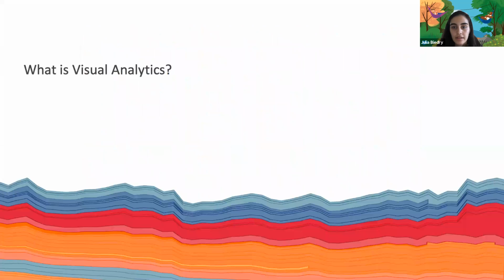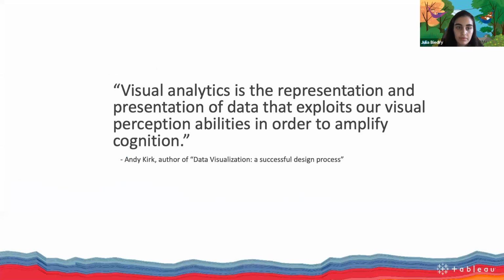So what is visual analytics then? And how do we tie visual analytics with data? Visual analytics is the representation and presentation of our data that uses our visual perception and our human nature in order to help us and amplify cognition, in order for us to be able to draw out the patterns.